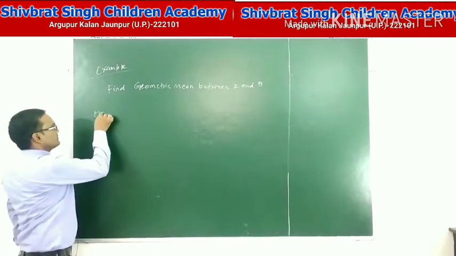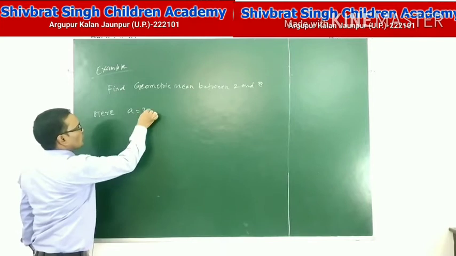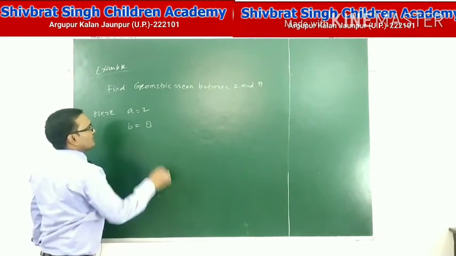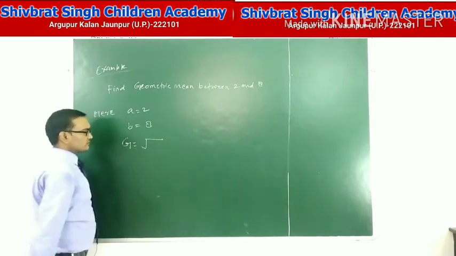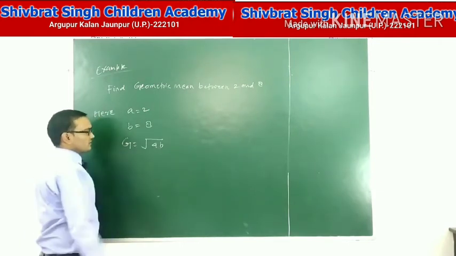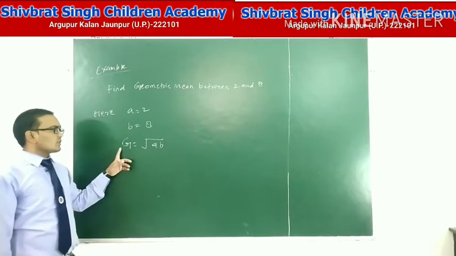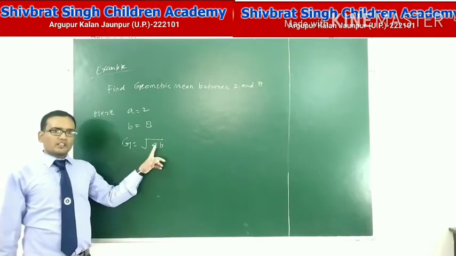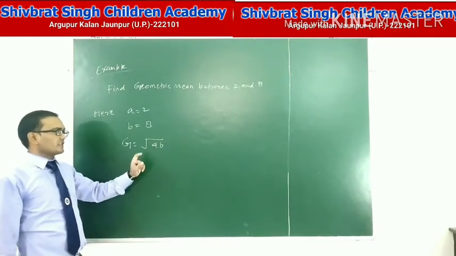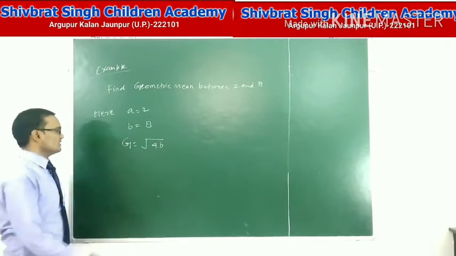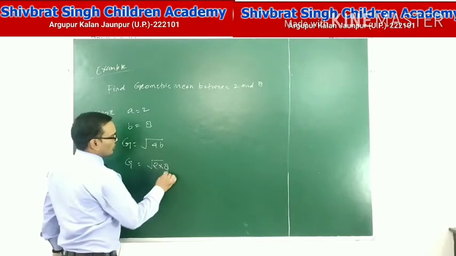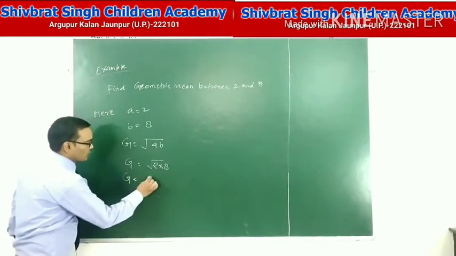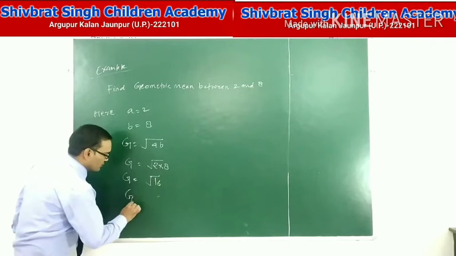Here a equal to 2 and b equal to 8 and G equal to square root ab. We know that G equal to square root ab. That means the geometric mean of two positive numbers a and b is G. G is square root of 2 multiply 8. G equal to square root 16. G equal to 4.